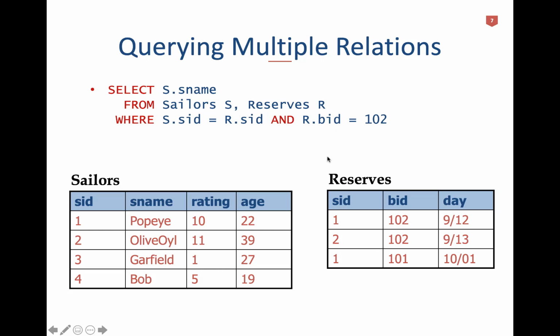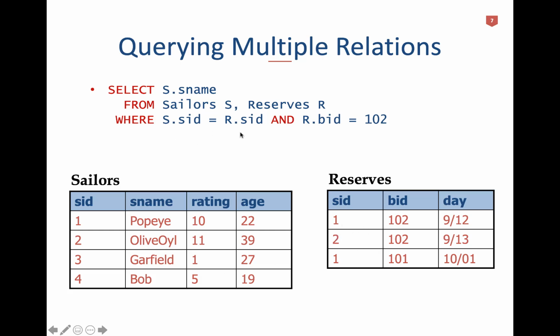But to understand how it's being executed and what the output is going to be, we have to think about it in this way, theoretically. After combining the two tables with a cross product, we have a big table whose size is the number of rows in the first table times the number of rows in the second table.